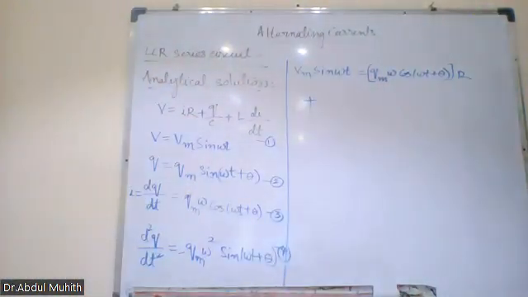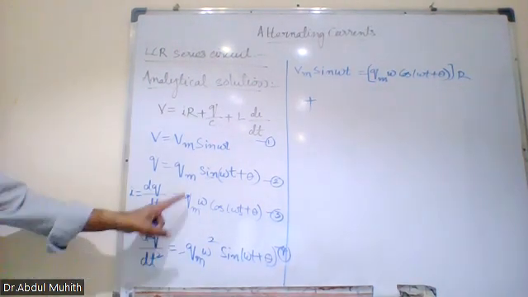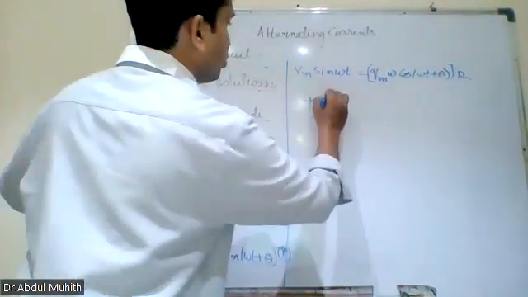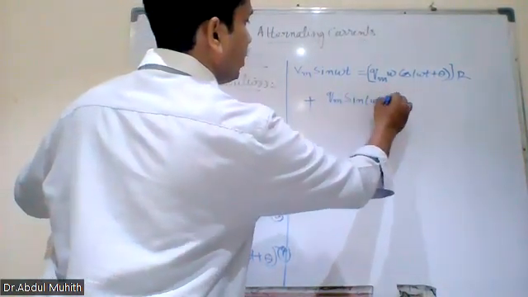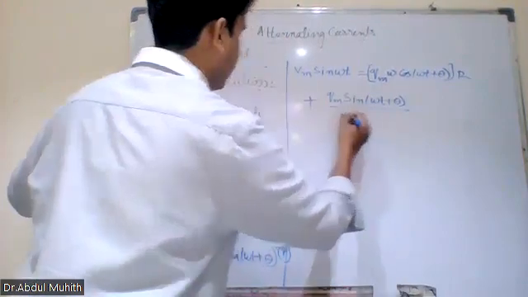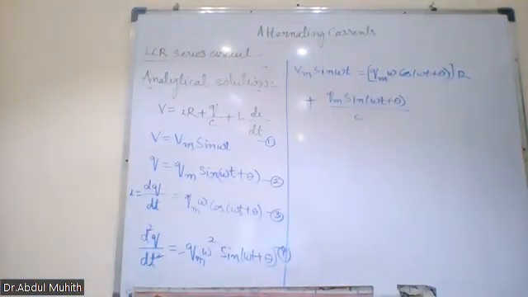Q by C. What is Q here? Q is equal to Qm sin omega t plus theta divided by C. Is that clear?